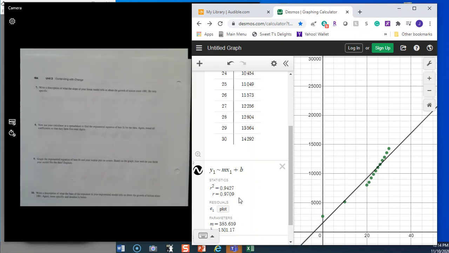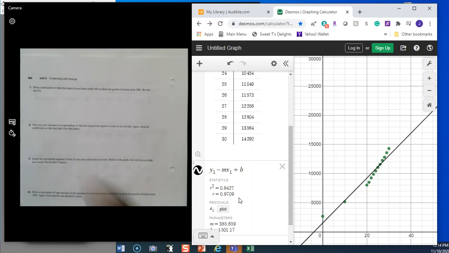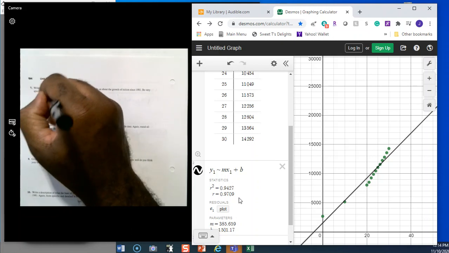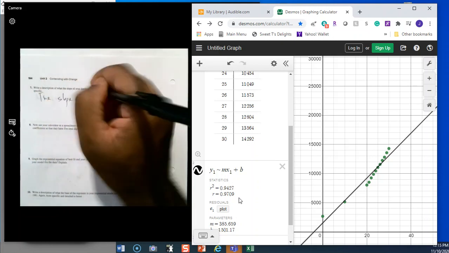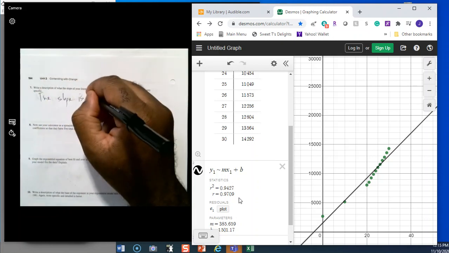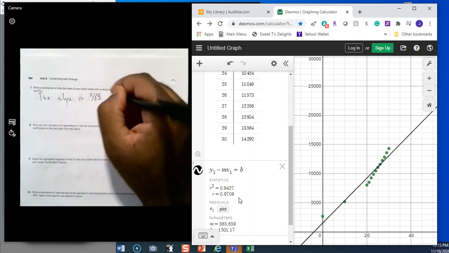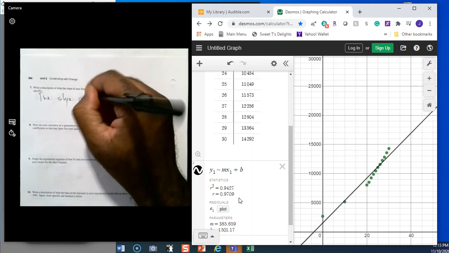It says, write a description of what the slope of your linear model tells us about the growth of tuition since 1981. All right, so with our slope, the slope is 385.66, and we know that's dollars.